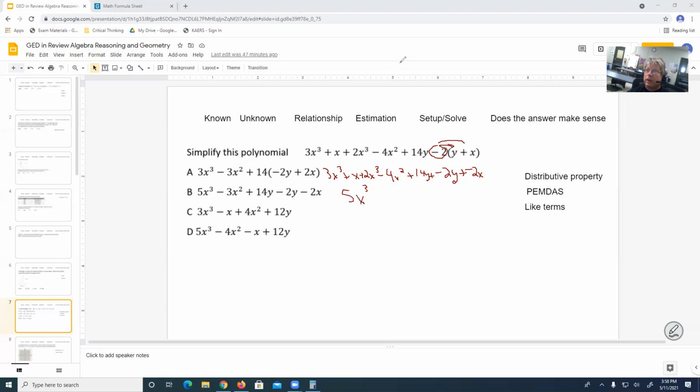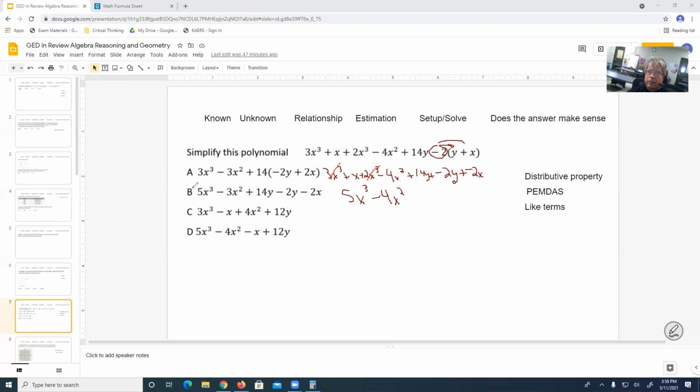So those are out of the way. Then there's this x squared. I don't see any other letters that have an x squared in them. So that can just drop on down next to the 5x cubed. So I'm seeing 5x cubed minus 4x squared.